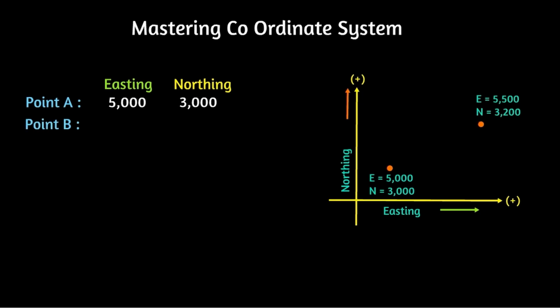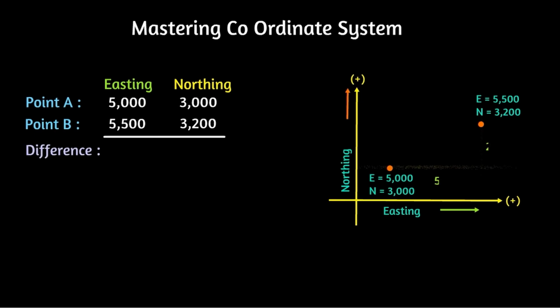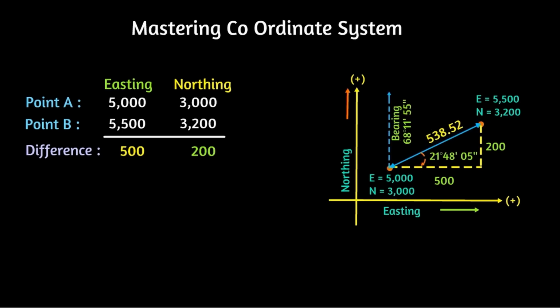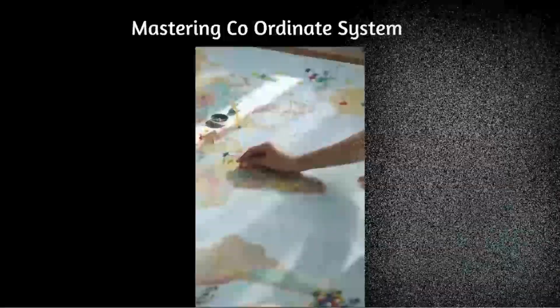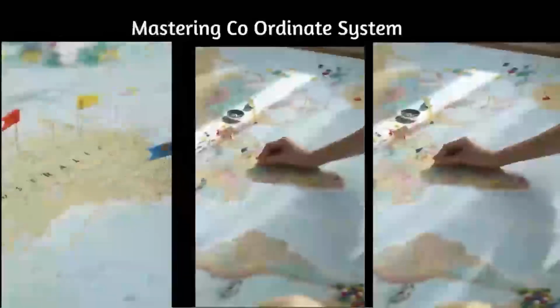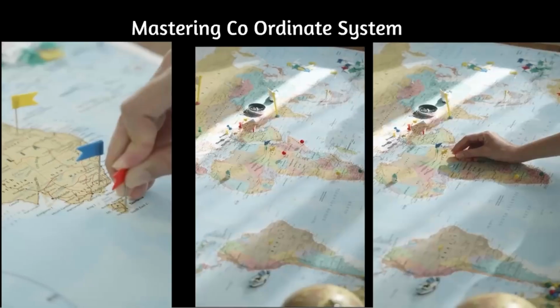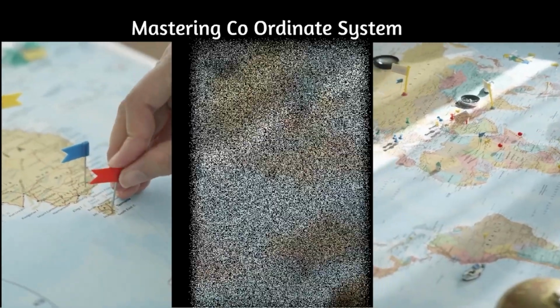Point B easting equals 5,500, northing equals 3,200. The difference helps calculate distance and angle between 2 points, as we have covered in the previous chapter a few minutes back. These types of measurements underpin urban planning efforts, allowing for effective land use and infrastructure development.